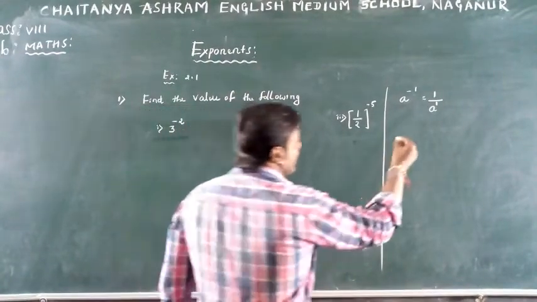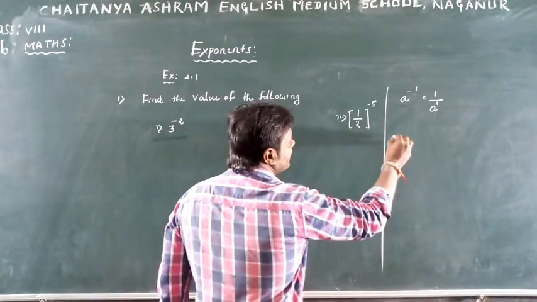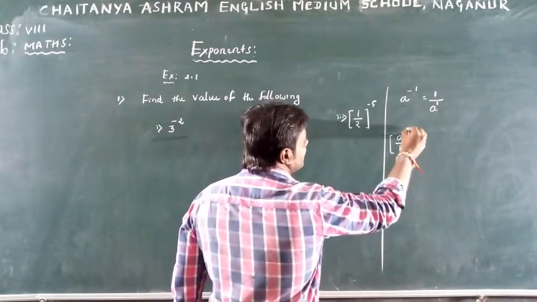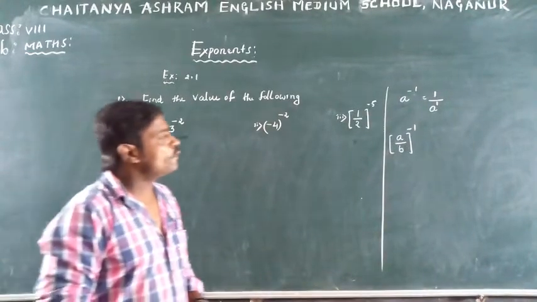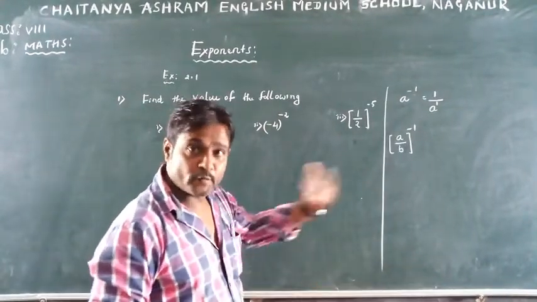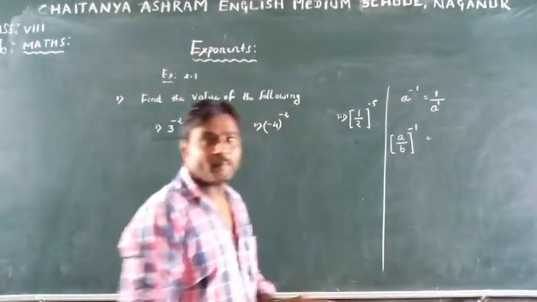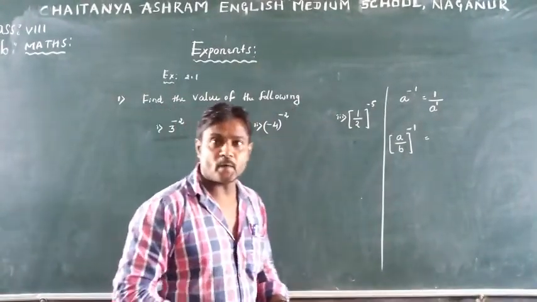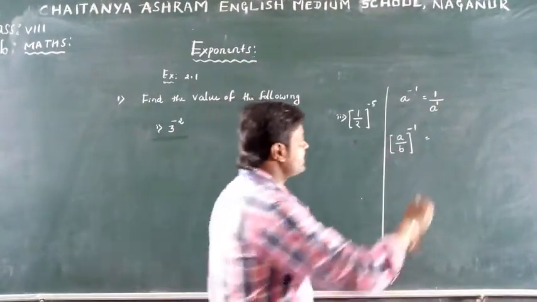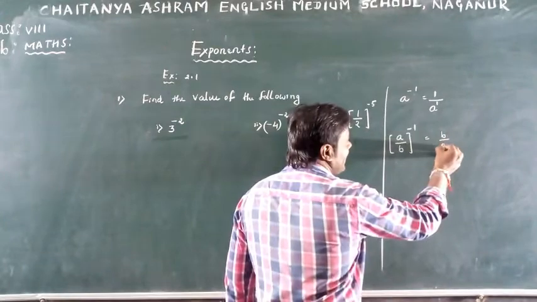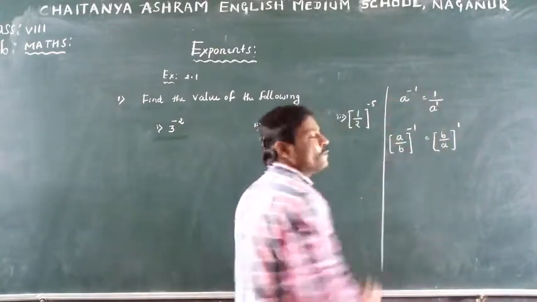Then observe, we studied this concept also: (a by b) raised to the power -1. Through some examples we verified its positive exponent form: we interchange the numerator and denominator, that is b by a, and write the power +1.